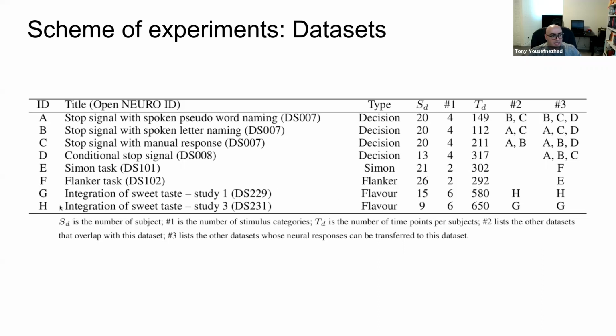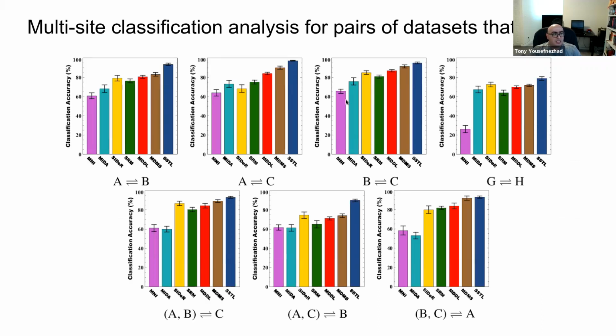So these are the data sets, and we indicate each data set by using A, B, C, and so on. This is the first classification analysis, multi-site classification with common subjects, so we have some shared subjects between sites.